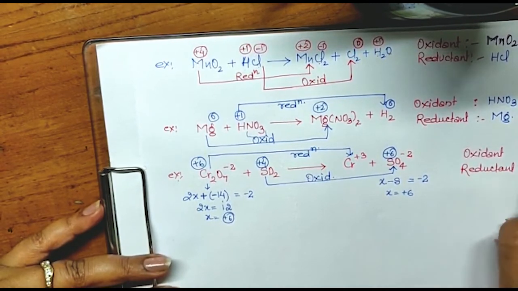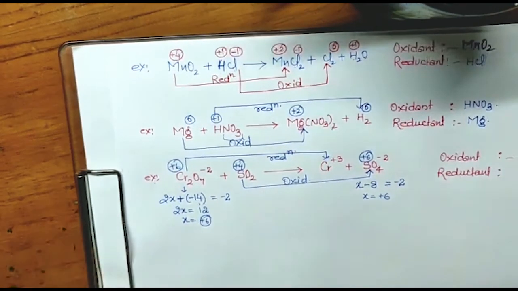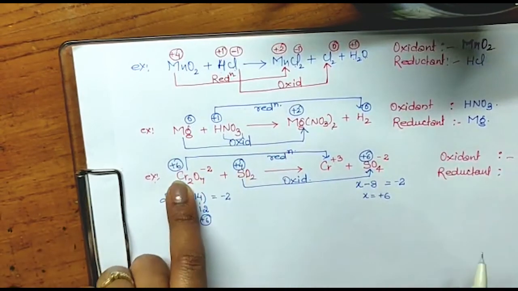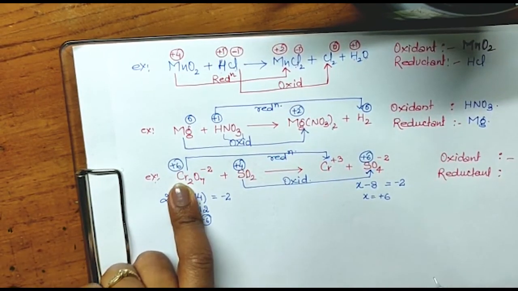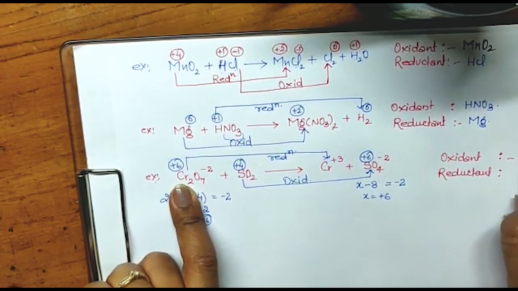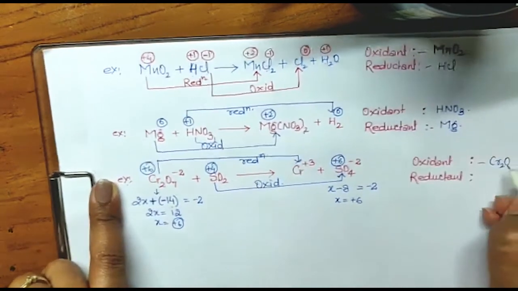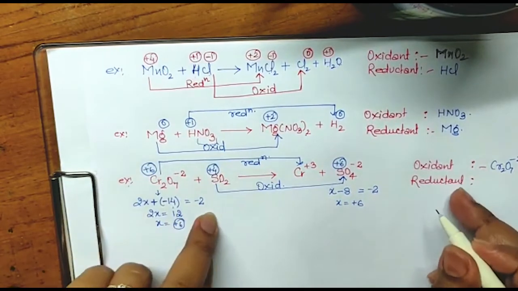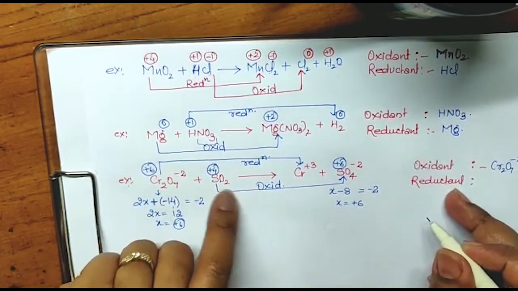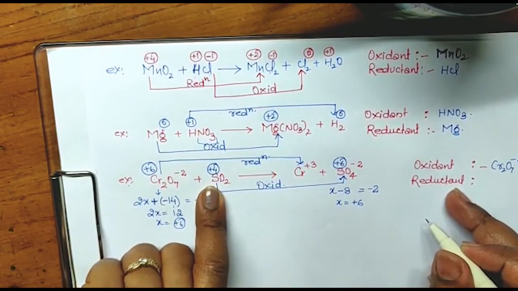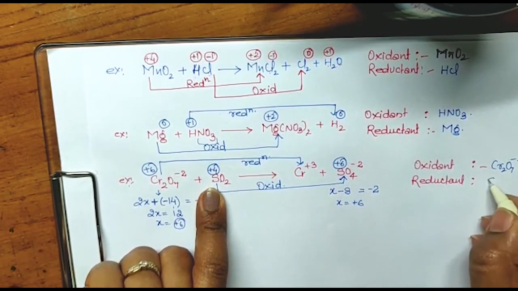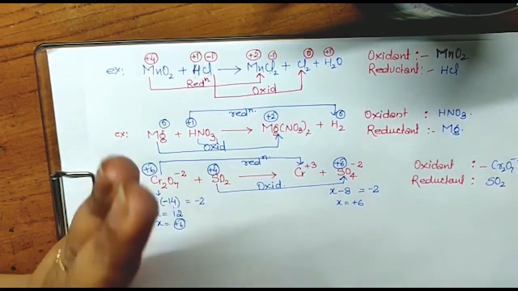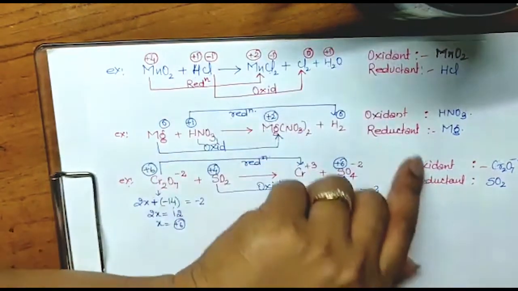Oxidant, the one which is undergoing reduction. Which one is undergoing reduction? Chromium. But what you will write? Cr? No. You will write Cr2O7 minus 2. Isn't it? And reductant, the one which is undergoing oxidation. Oxidation, sulfur is going, but you will not write sulfur only. What you will write? SO2. See, we don't have to think while writing this oxidant and reductant.